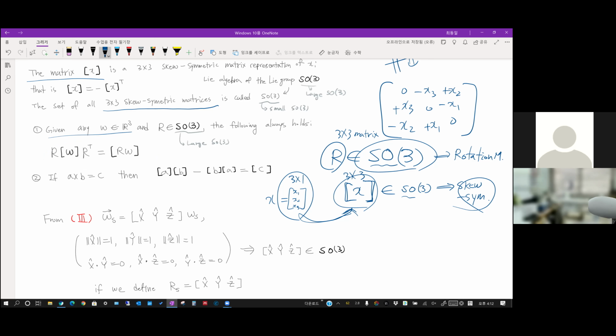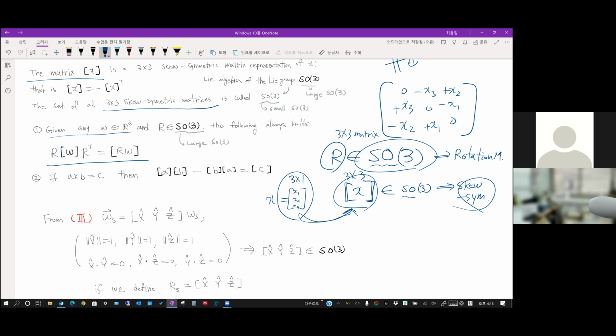So the rotation matrix, the bracket omega, and the rotation matrix transpose becomes the bracket of R omega. So this equation is always right.